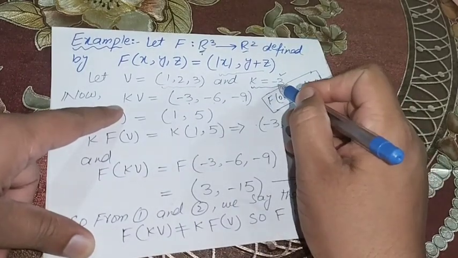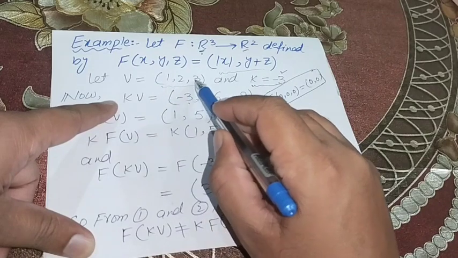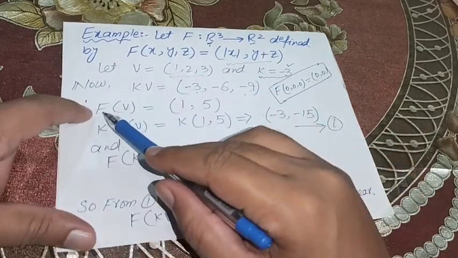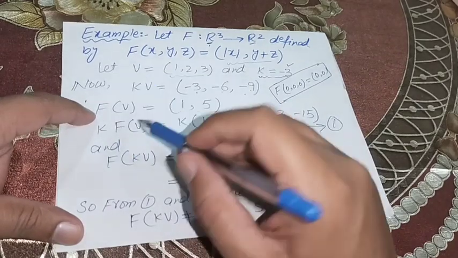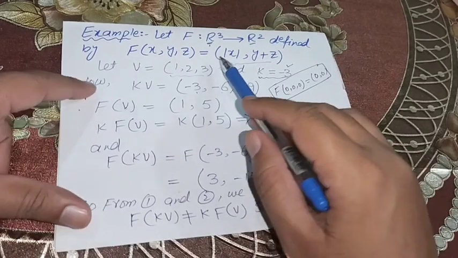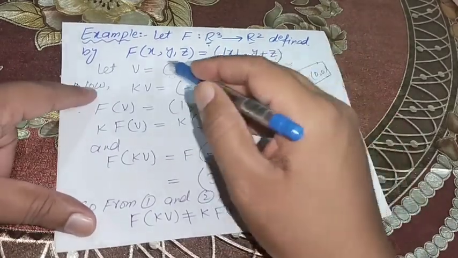You just multiply the scalar with each element of this point. And when we apply the operator f to this vector v, you will get (1, 5).